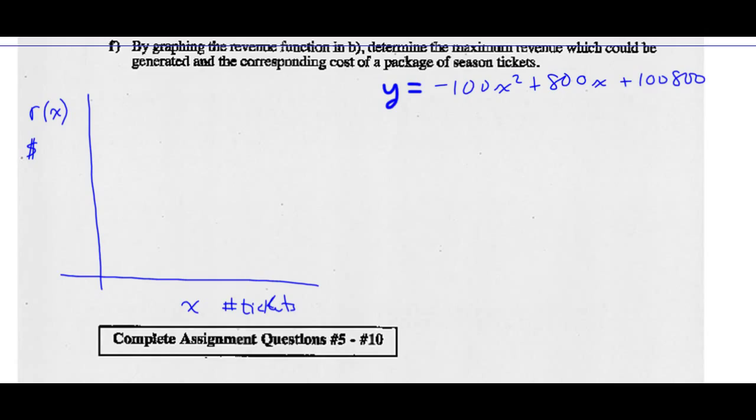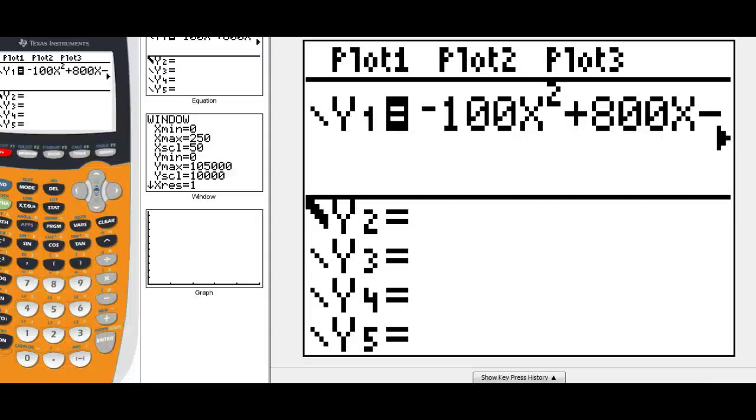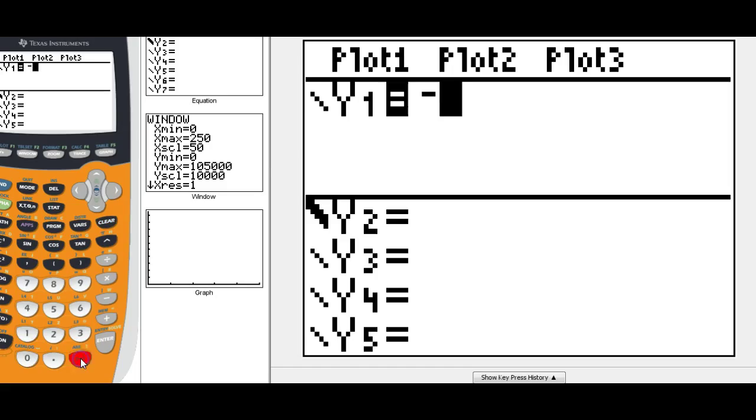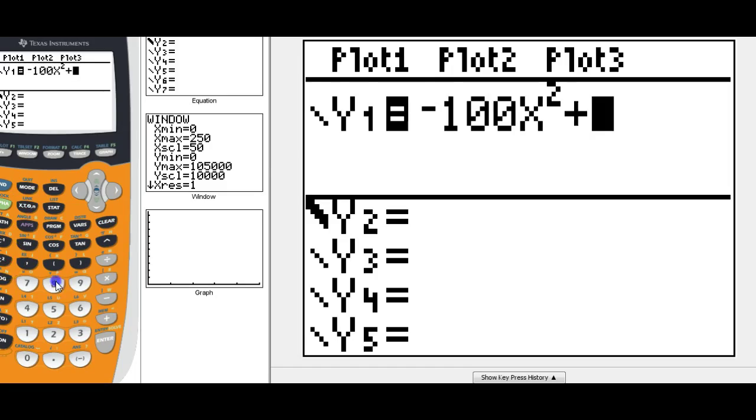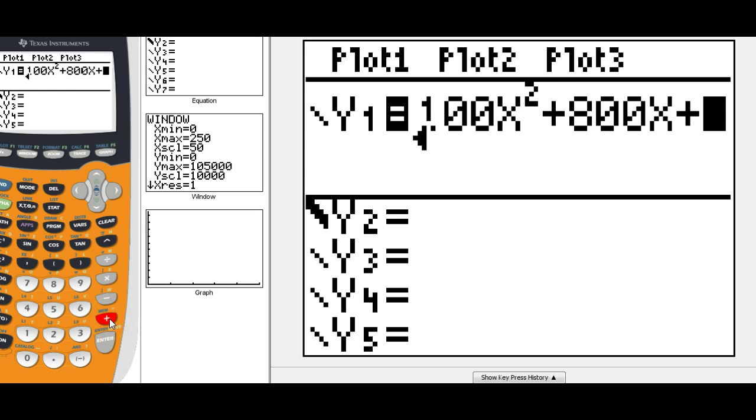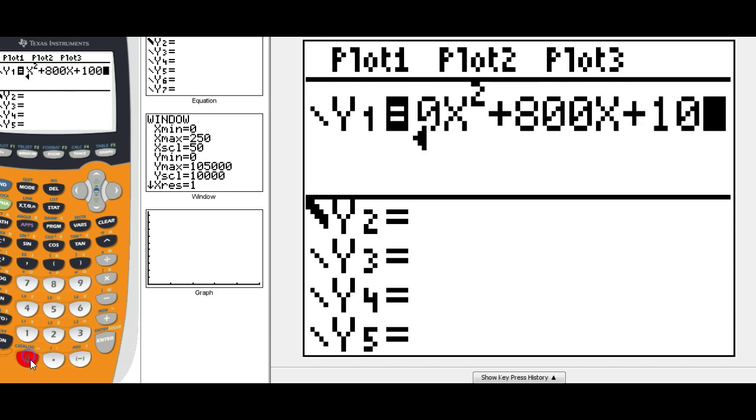So let's go to our graphing calculator and let's graph that. All right. So in our graphing calculator, negative 100x squared plus 800x plus 100,800.